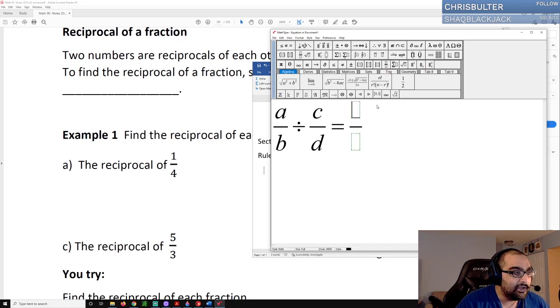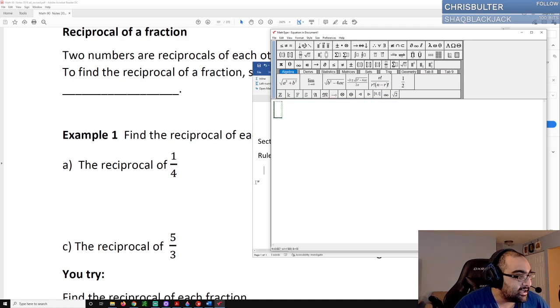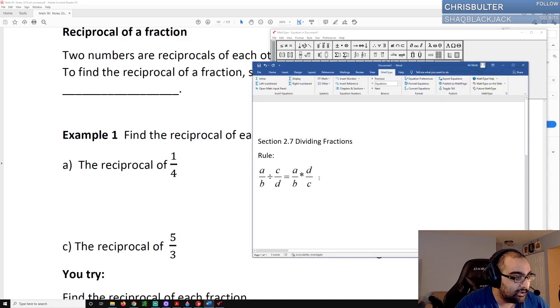One thing that we can do is swap this to multiplication with a consequence, of course. And that consequence is that we're going to flip over C and D. So we're going to have D over C, and then multiply straight across right after that. That is the general rule for division.